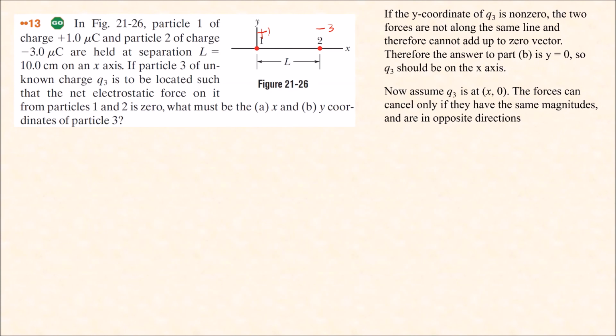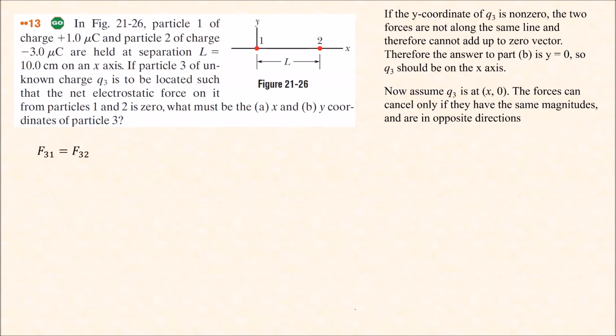If it is on the left side, one of them is attracting it, one of them is repelling it, and the smaller charge is closer, so it is possible to balance them. So from this inspection, x should be negative. It means the particle should be in the negative x position, right?